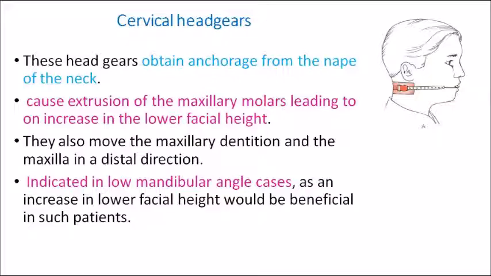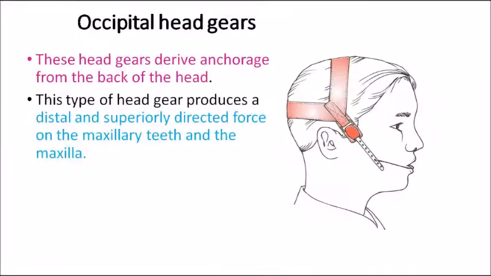Now coming to occipital headgears. Occipital headgears derive anchorage from the back of the head, that is, the occiput region of the skull. This type of headgear produces a distal force component as well as a superiorly directed force on the maxilla and the maxillary dentition.